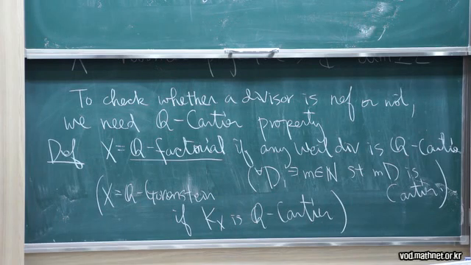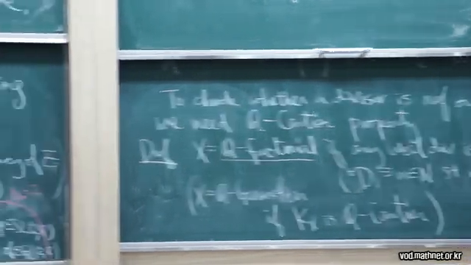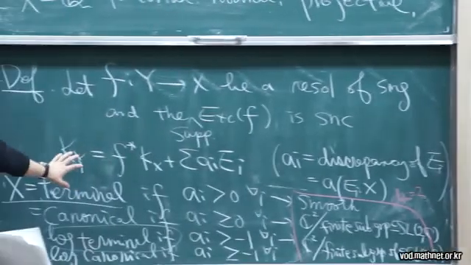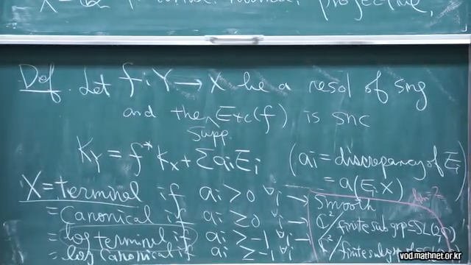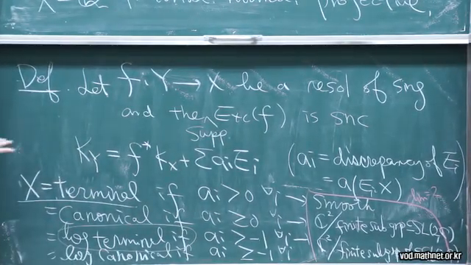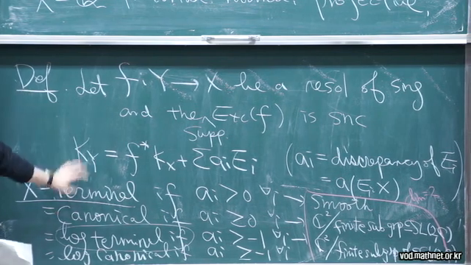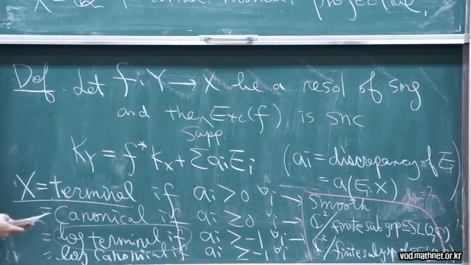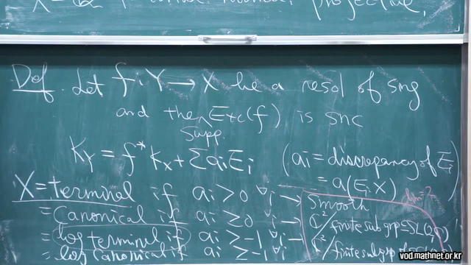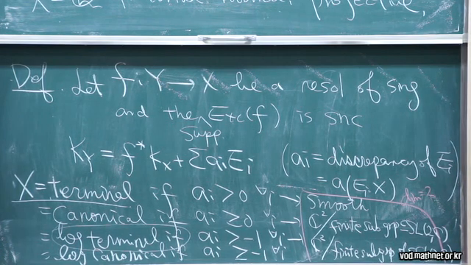Anyway, tomorrow I will recall the definition of singularities again. If you don't study the minimal model program, it's really easy to forget the definitions. So I will stop here and continue tomorrow.